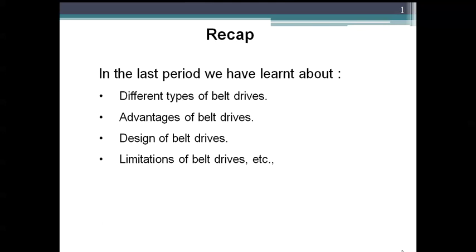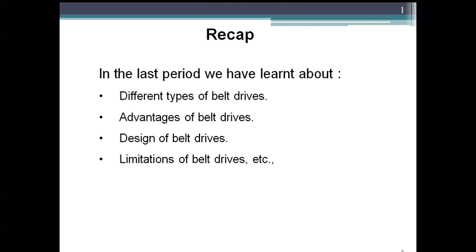We have also seen the chain drive. The chain drive is a little more positive drive than the belt drive. Here, in place of a belt we use a metal chain, and in place of a pulley we use a sprocket to transmit the power from one shaft to another shaft. The chain drive is also used where the distance between the two shafts is more.